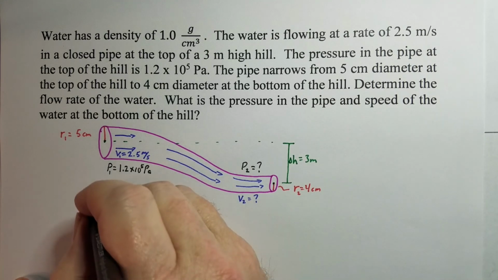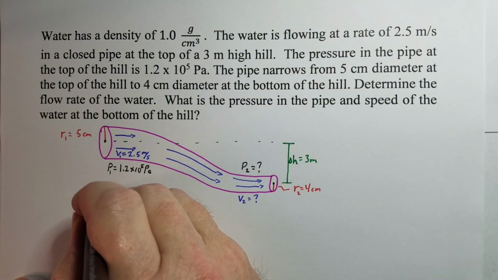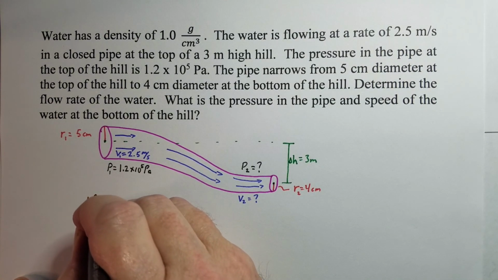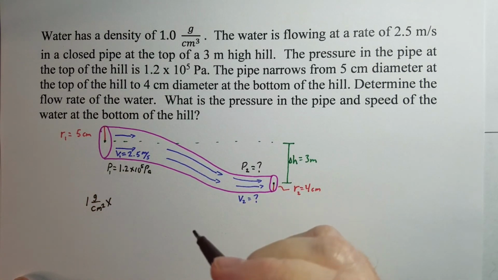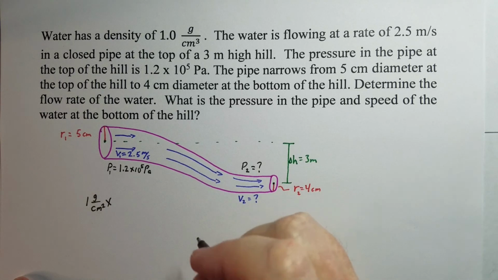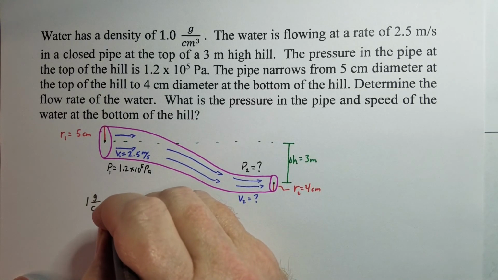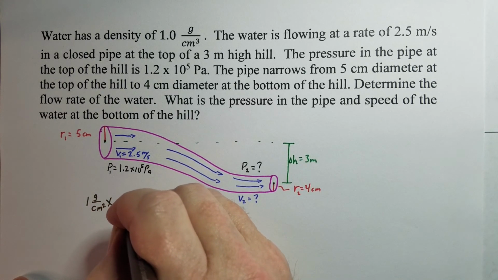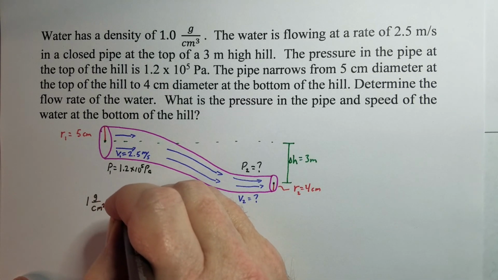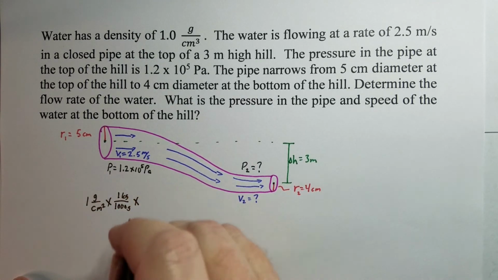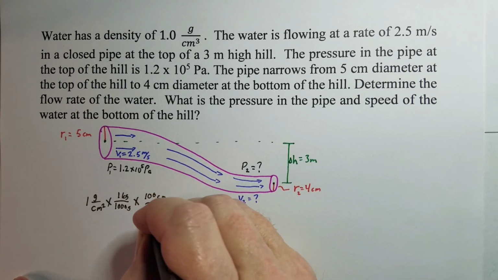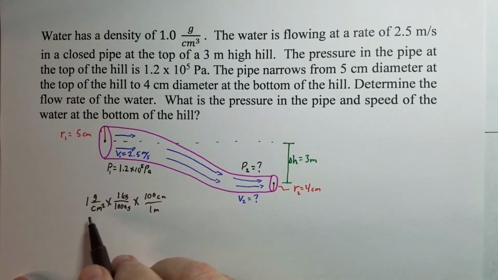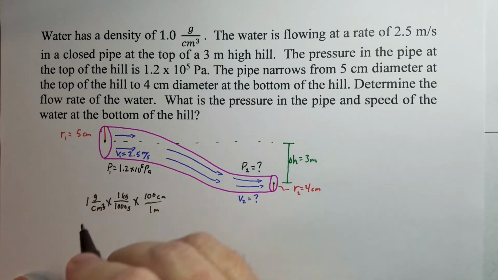Well, here we go. 1 gram per cubic centimeter. And we want to eventually get to kilograms per cubic meter. So there's 1,000 grams in 1 kilogram. And there's 100 centimeters in 1 meter. But this is cubed.